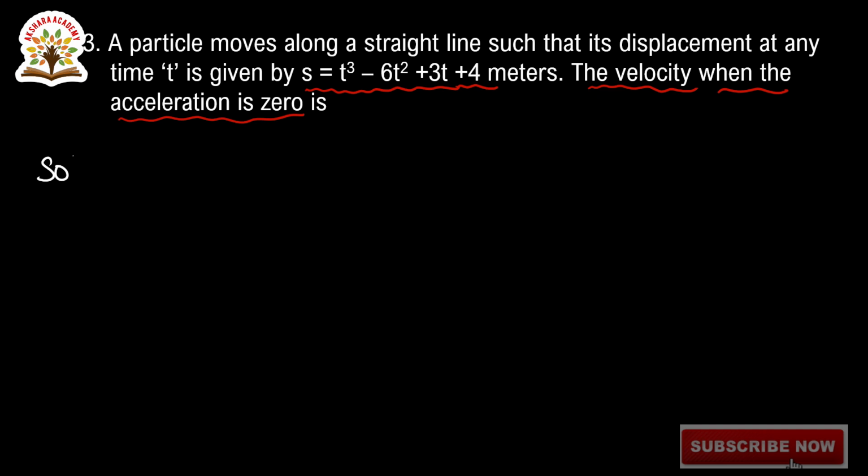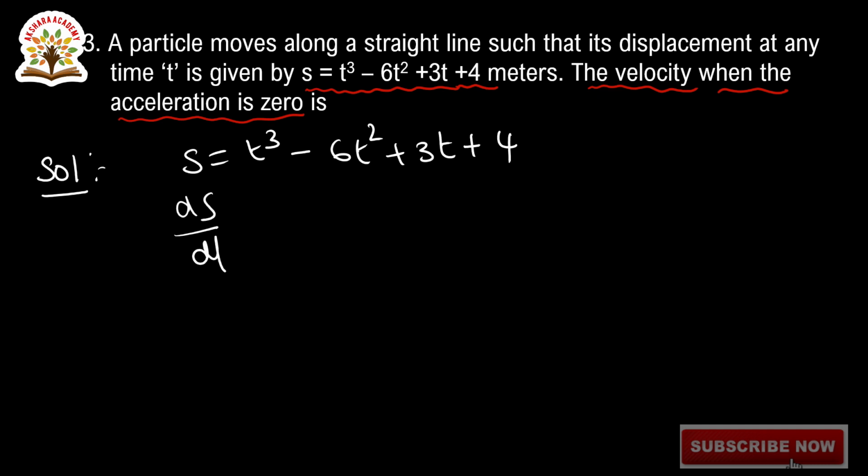Now we will write what they have given in this. They have given s is equal to t cube minus 6t square plus 3t plus 4. And now we are doing ds by dt, displacement by time. So here we are doing differentiation. Differentiation is nothing but d by dx of x power n is equal to n into x power n minus 1.